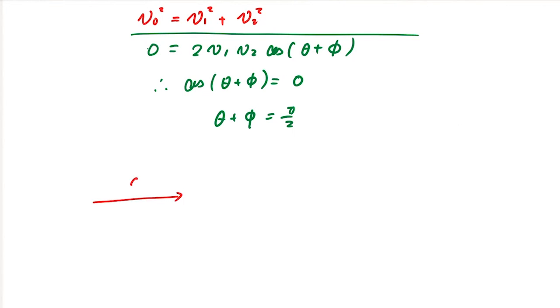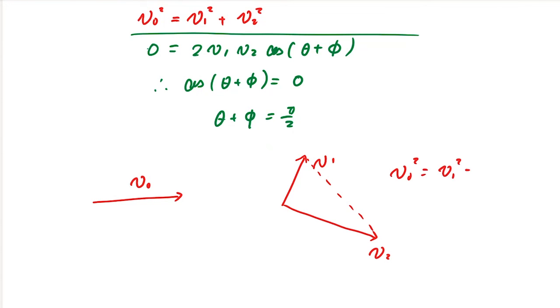Remember, this was V naught, right? And then V2 was like this, and this was V1, and then this was V2, something like that, right? If you say V naught squared is equal to V1 squared plus V2 squared, that means this is the Pythagorean theorem.